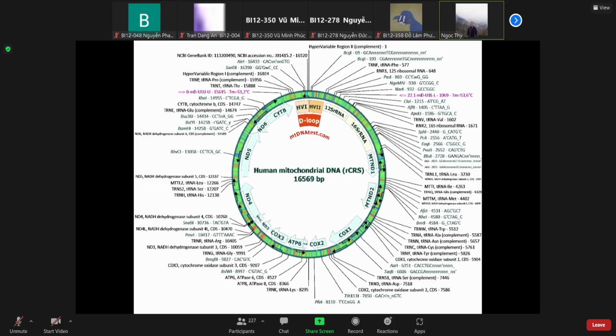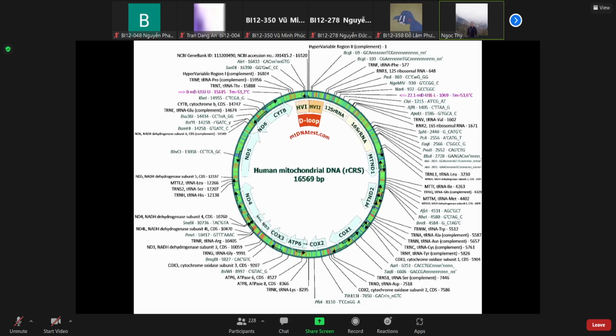Secondly, the human mitochondrial genome is circular DNA, so it is quite stable, more stable than linear DNA. This technique has been used to identify our soldiers who sacrificed their lives in the war against the Americans. During the war, many soldiers were buried in a hurry without any coffin.